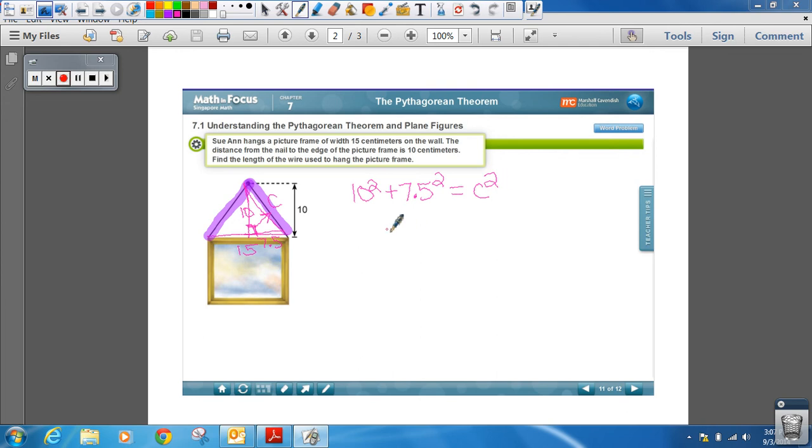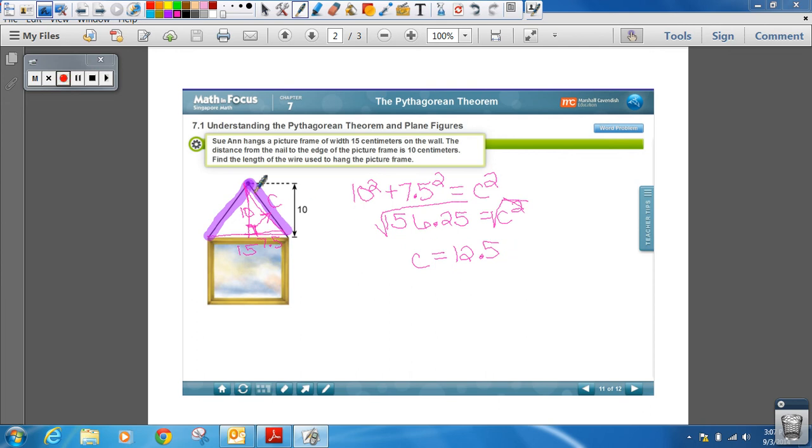When I solve this, I get 156.25 equals c squared. The opposite of squaring something is to take the square root. And I end up with c is equal to 12.5. If we aren't careful, we might not think that that is our answer.